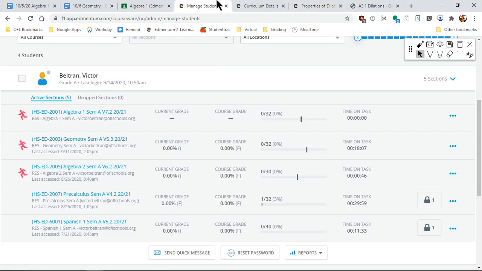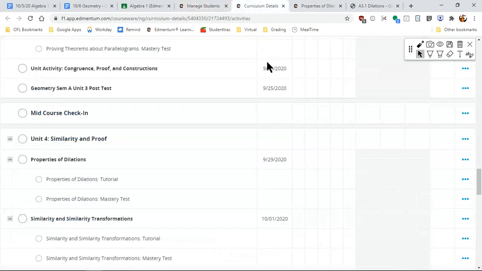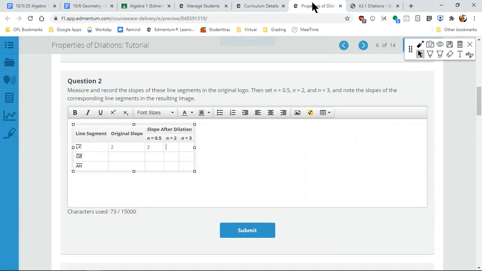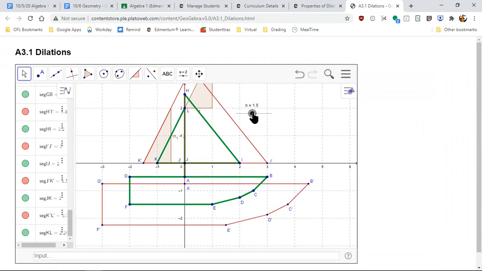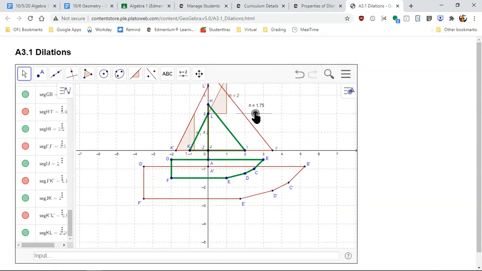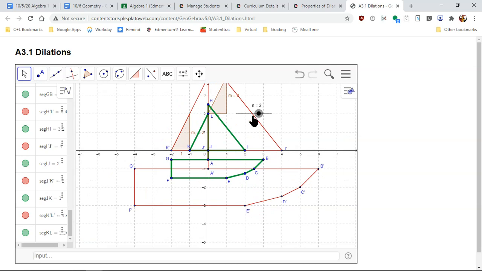All right, now let's change the scale factor to 2. The cool part about doing the scale factor on this is I believe it still shows me the slope even if I get larger. Yep, it does. So I want to make this go up to 2. And we see that the slope is still 2.